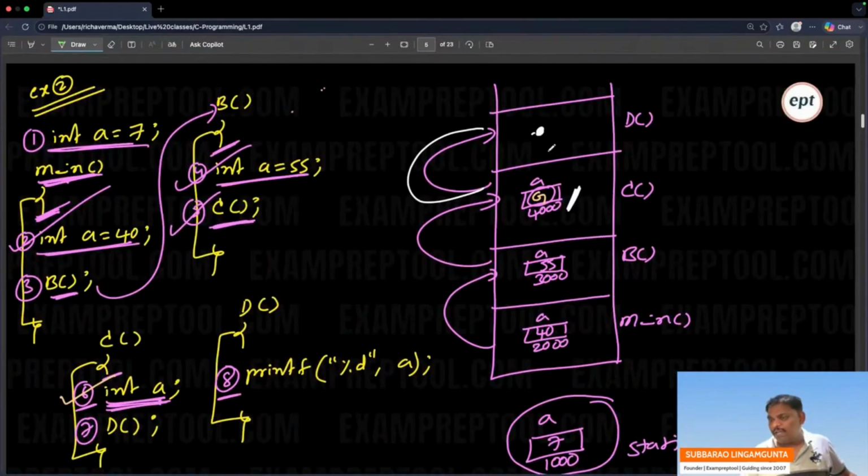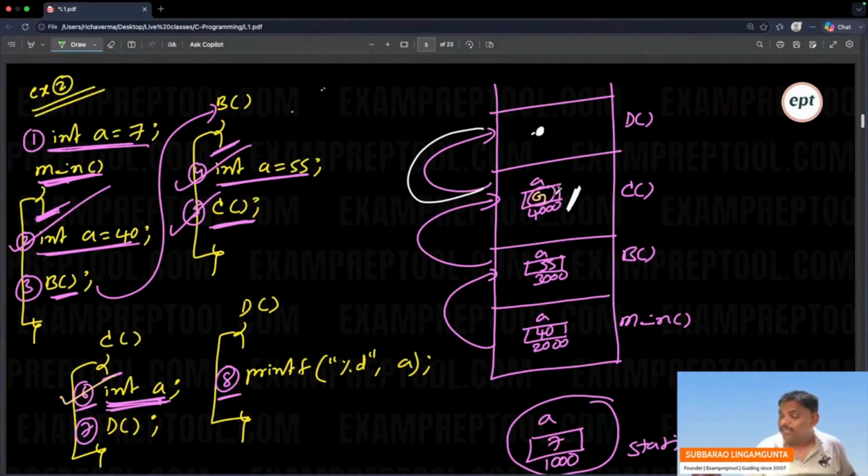Can you solve it? Yes, he said. I have A, you can use it. So here A is not there, but you want to use it. Then immediately there is a problem. A is not there, how can I use it? So what dynamic scoping says is, can you go one step before? I don't have A, at least do you have A? Yes, it will be printed. That is called dynamic scoping.